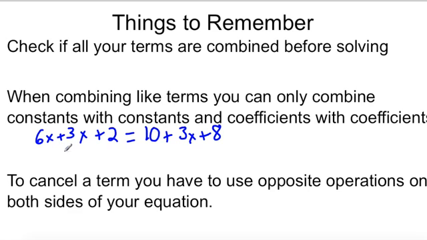So if I were to simplify this, I would say 6x plus 3x, well, that's 9x. And the 2, I can't combine anything with it on this side of the equation, so I just leave it alone. Over here, I can't combine my 10 with the 3x, but because 8 is also a constant, I can combine those two. So I might write 18 plus 3x, right? And then I would solve after this.